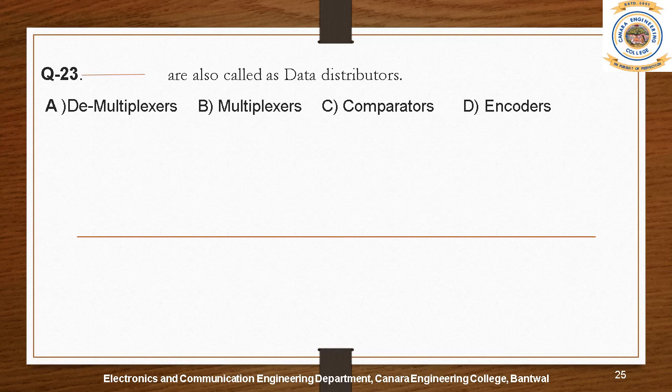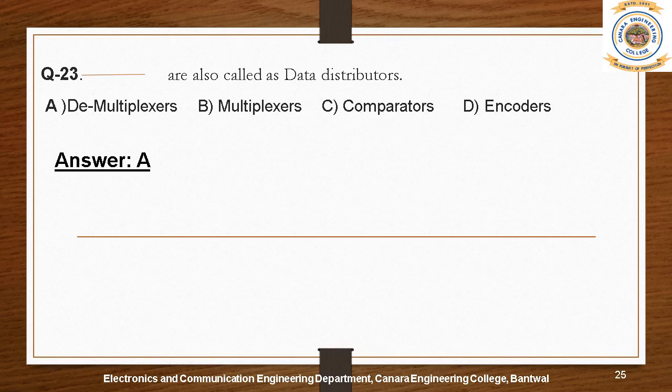Dash are also called data distributors. What do you mean by data distributors? Demultiplexers. Multiplexers and demultiplexers. Demultiplexers are the other way around: the data comes in on one single line and will be distributed to many output lines.